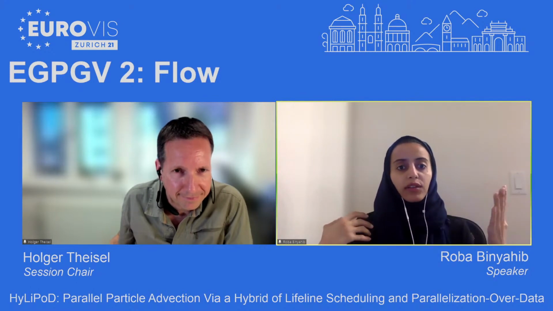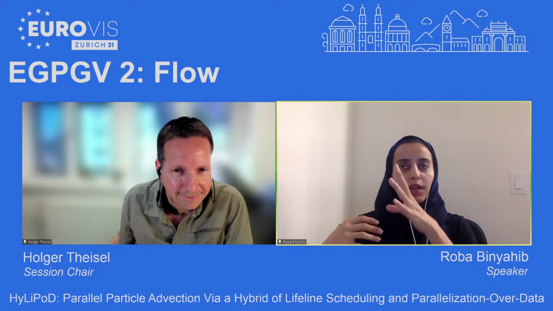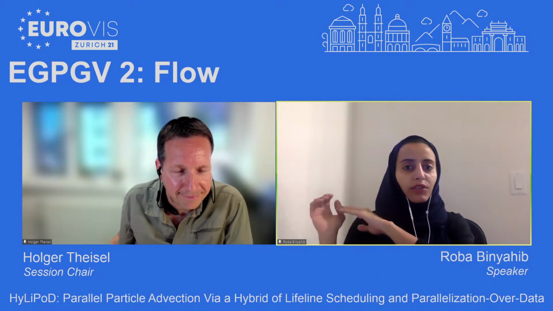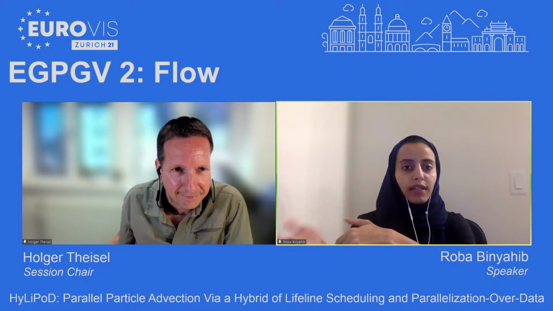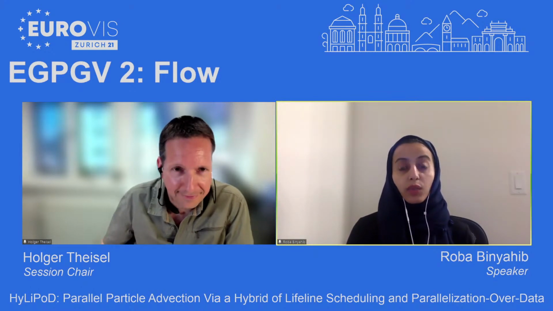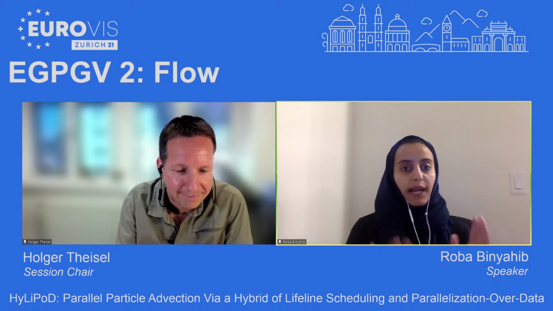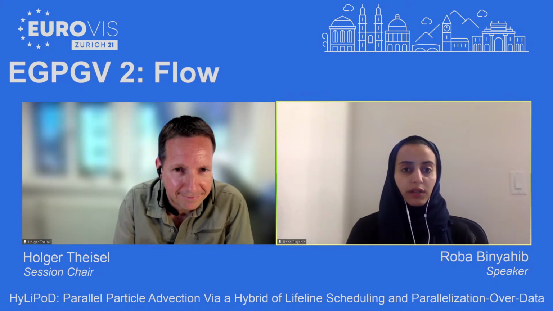So you can start, for example, by uniform seeding, and then somehow in the fifth or sixth or 100th time step, the seeding changes into a dense seeding distribution. So I do think it will change, and I do think it will be interesting in the future to look and see what is the impact of that on the algorithm.